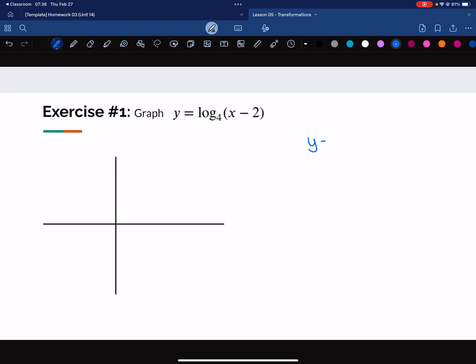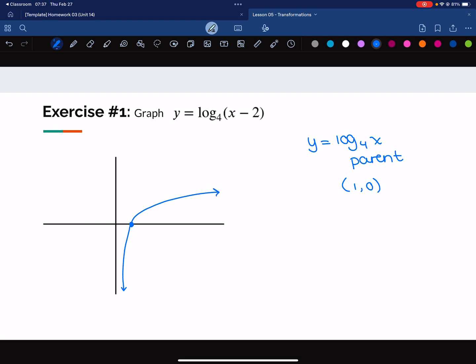I'm going to graph y equals log base 4 of x here. That's my parent. Something we learned yesterday is that it's going to pass through the point (1, 0), and it has an asymptote of x equals 0. So that's my parent function.